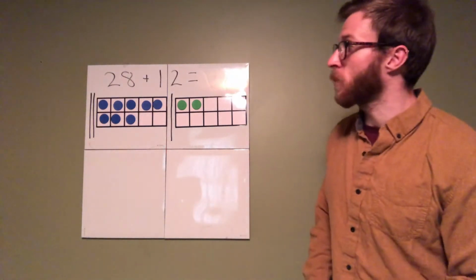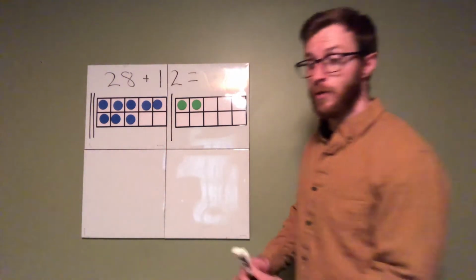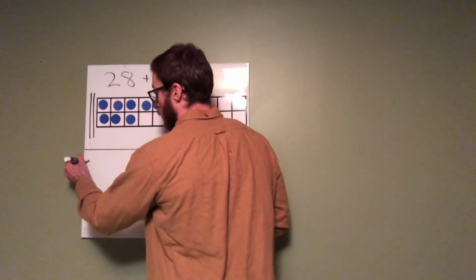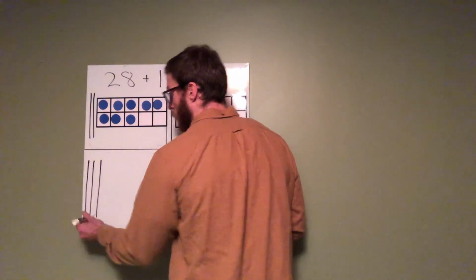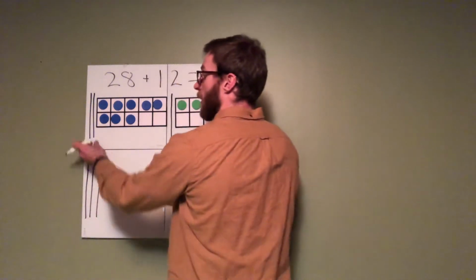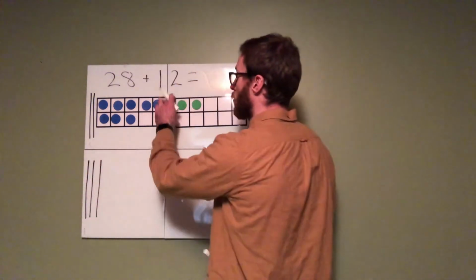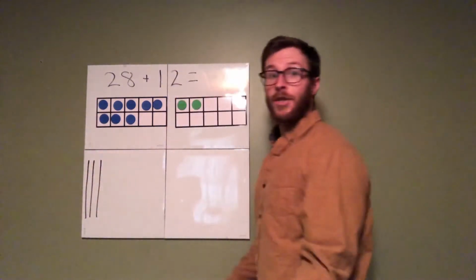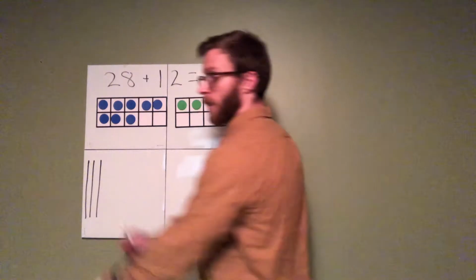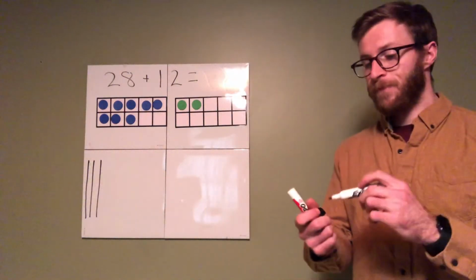So 1, 2, 3 10s. So let's draw those 3 10s all together. 1, 2, 3. Now it's almost like I'm moving them down together, so I'm just going to erase them. Imagine I just took those 3 tens and brought them down here into one big picture, okay?